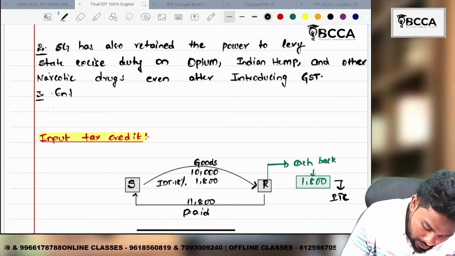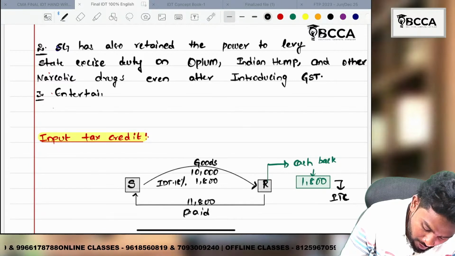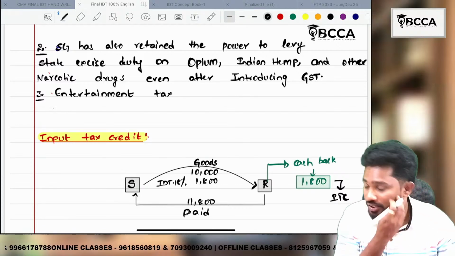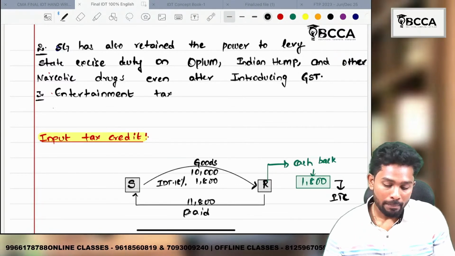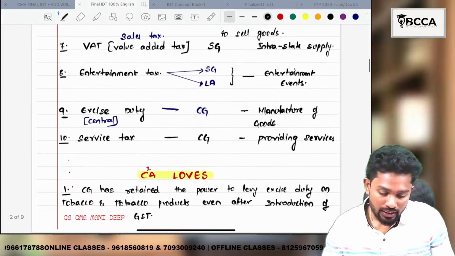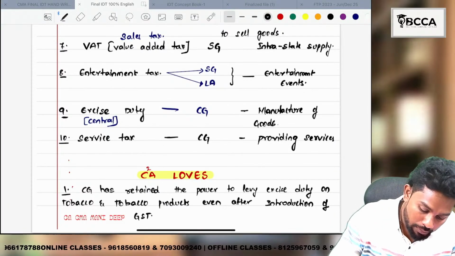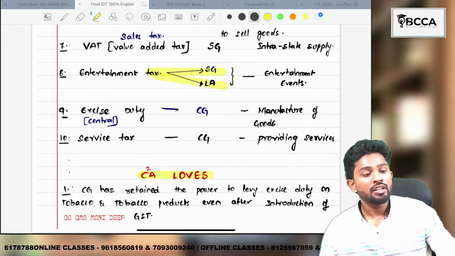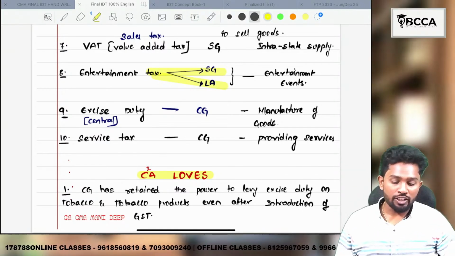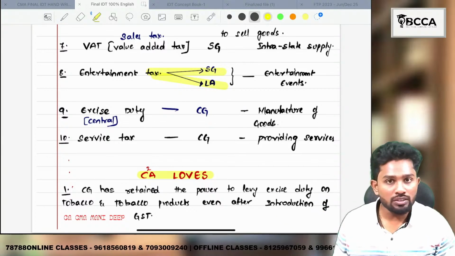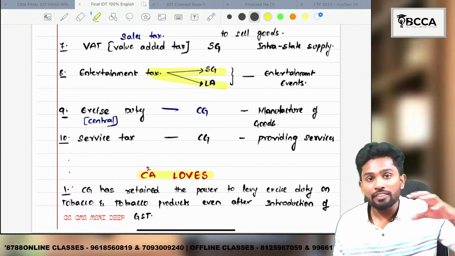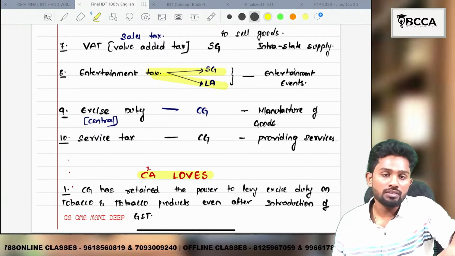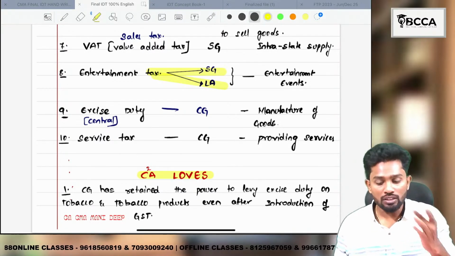Third one, sir. Entertainment tax: if you see, there are two entertainment taxes. One is levied by the state government and the other is levied by a local authority. In a state where entertainment tax is levied by the state government, that was subsumed into GST. But if entertainment tax is levied by local authorities, for example in Chennai, the Chennai Municipal Corporation levies the entertainment tax on movies.